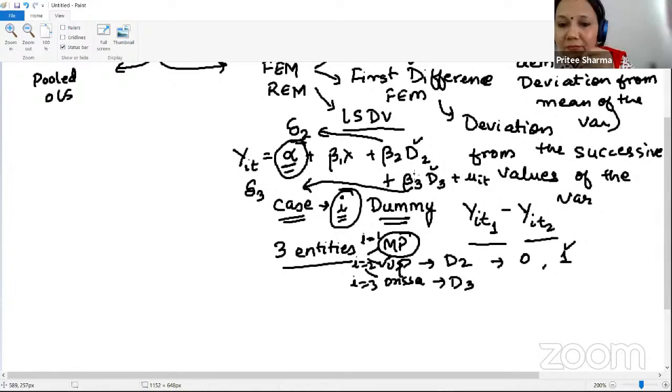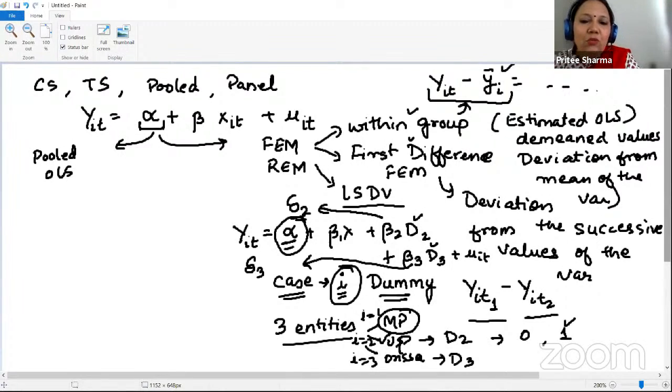Yeah. So see, the question is that you remember that when we started this entire estimation, our objective was to capture the effects which are either time constant or time variant through this intercept term. So whatever we are doing, we are trying to address it through this intercept term.